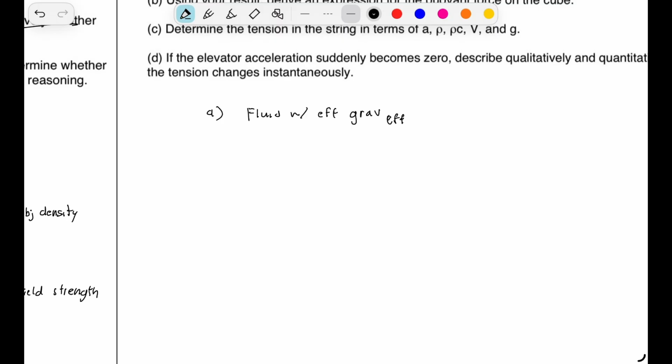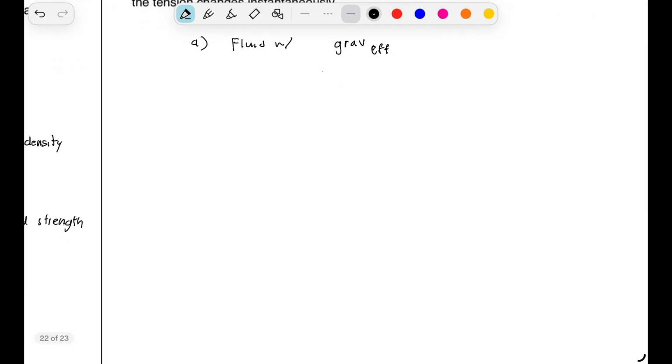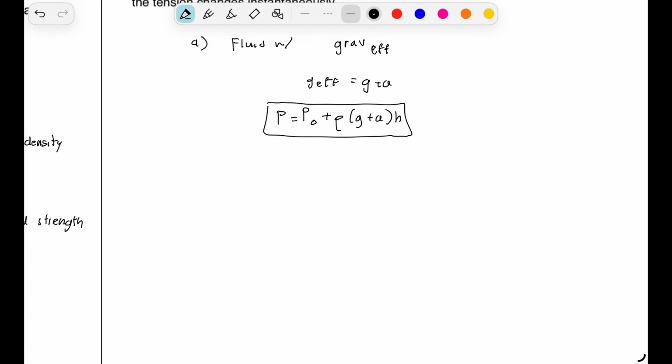G effective is equal to G plus A. So your pressure is equal to P initial plus density times effective gravity times H. You have to include your acceleration.